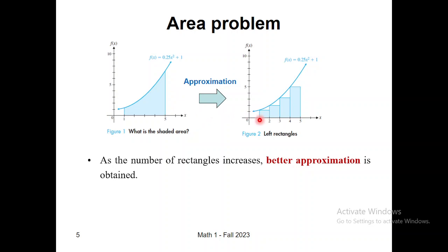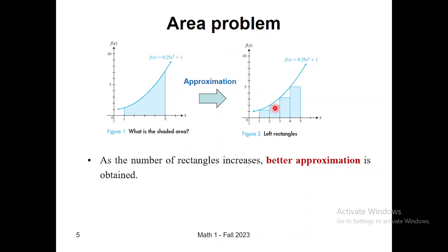Let's divide this interval from 1 up to 5 into 4 sub-intervals, and for each sub-interval we approximate the area below this curve with a simple rectangle. The area of this rectangle can be calculated easily, and also for this rectangle, and this rectangle. If you sum now the areas of these 4 rectangles, you get an approximate value of the area, because you have an error. Some areas are not included in your calculation.